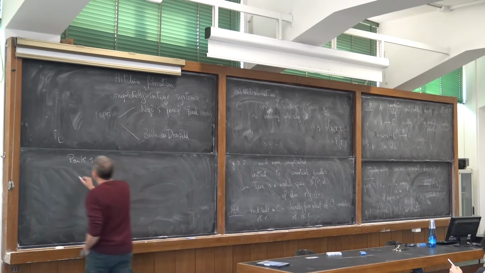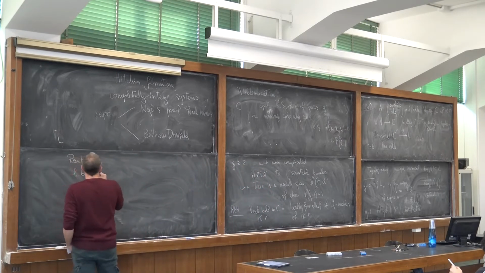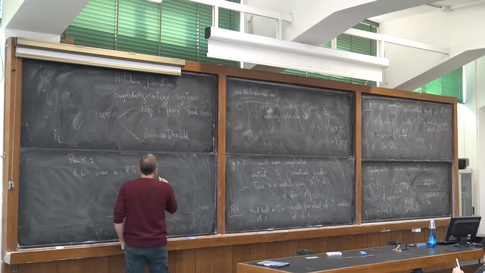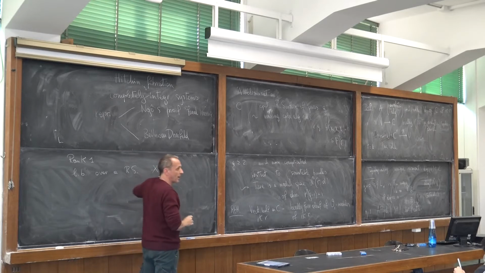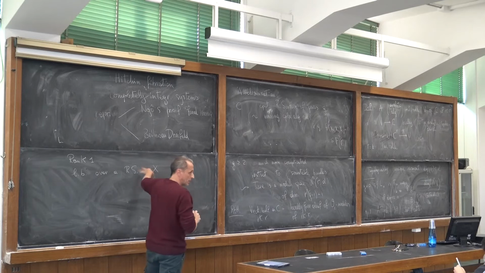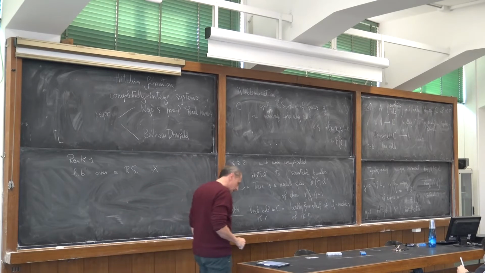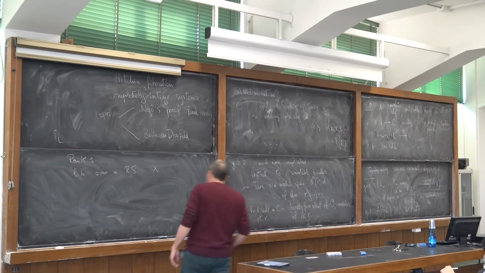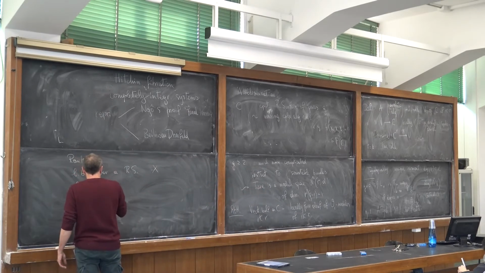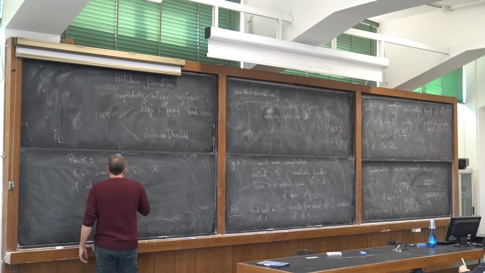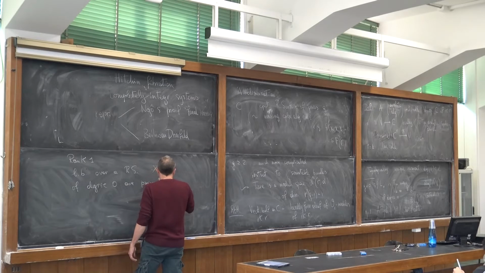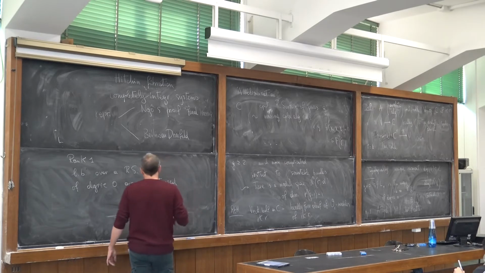So line bundles over a Riemann surface, let me call it X now, because later I will use line bundles on a curve which is not C, of degree 0 are parameterized, in a kind of subtle sense.